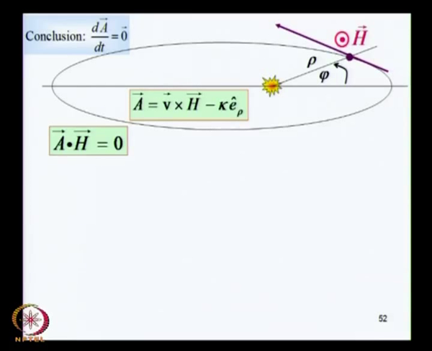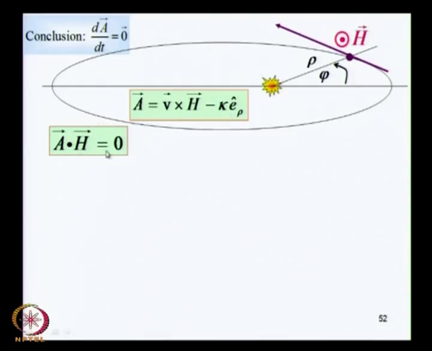and let us have a look at the geometry once again. You can immediately see that the Laplace-Runge-Lenz vector must be orthogonal to the angular momentum, because if you take the dot product of the Laplace-Runge-Lenz vector with h, the first term is a triple product with h appearing twice, so it would vanish, and the angular momentum is of course orthogonal to the position vector.